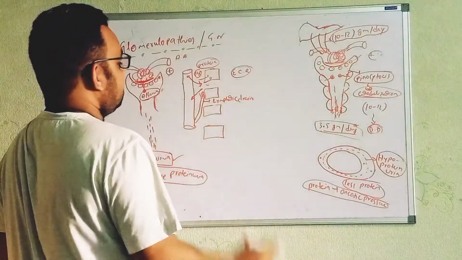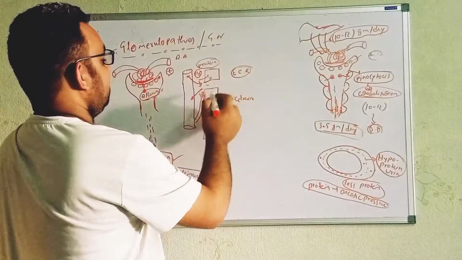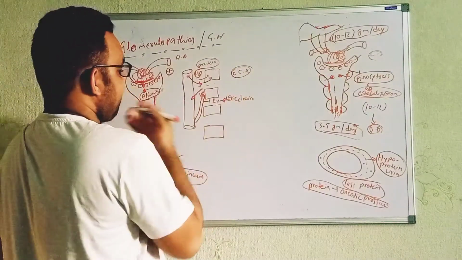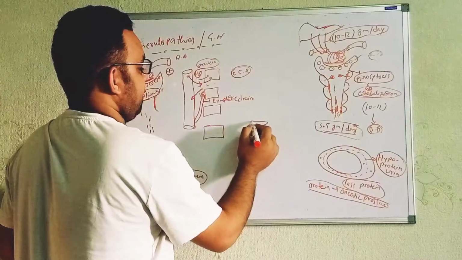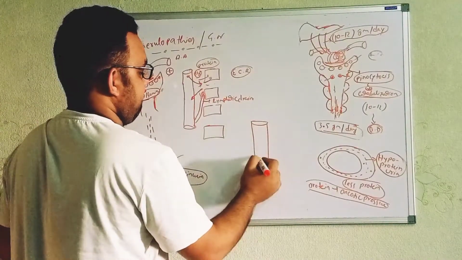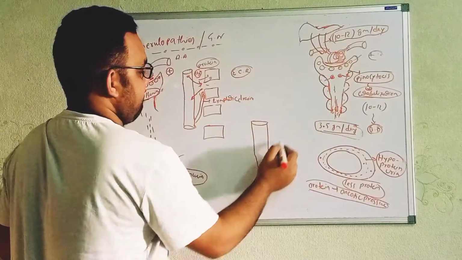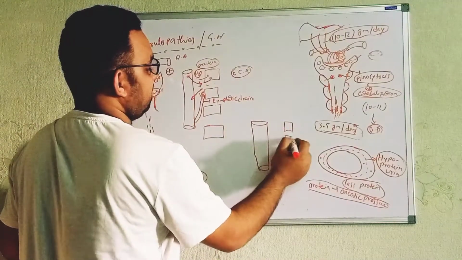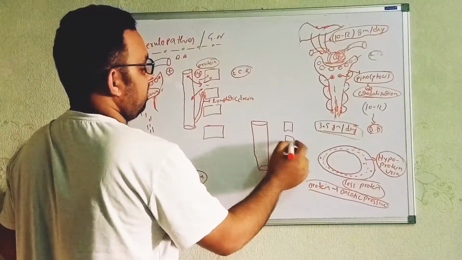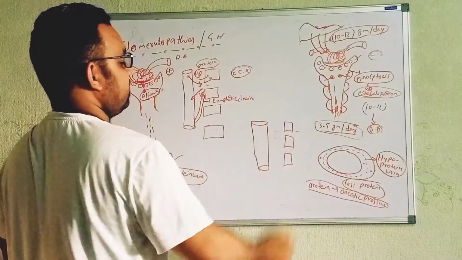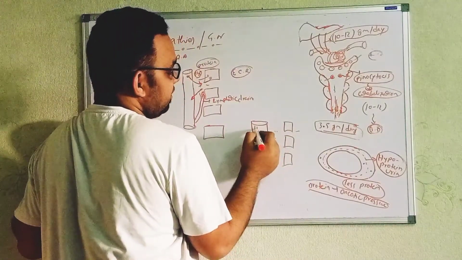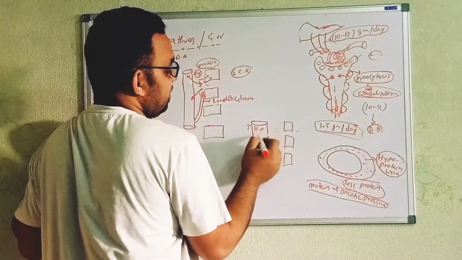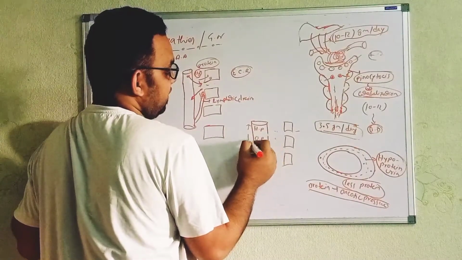Now let's suppose there is another case. These are the cells, and the extracellular fluids. For some region, hydrostatic pressure is increased too much and the oncotic pressure is decreased severely.